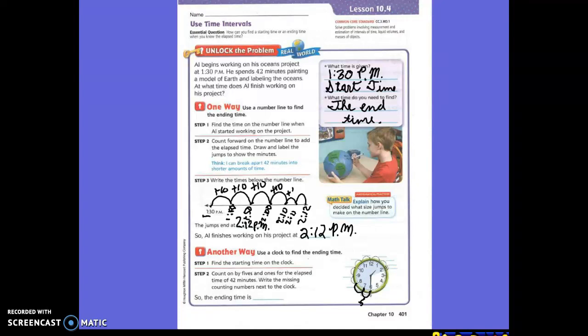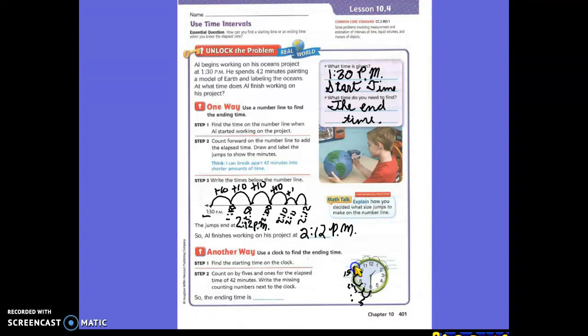Then 10 minutes would be, 10 right here, on the line that's blank. So you jump 5, and then 10, 15. Hold on, jump the 15 to the 9 and write 15.